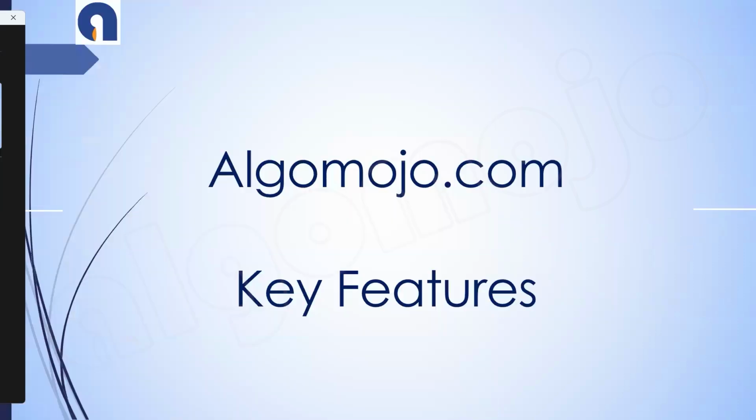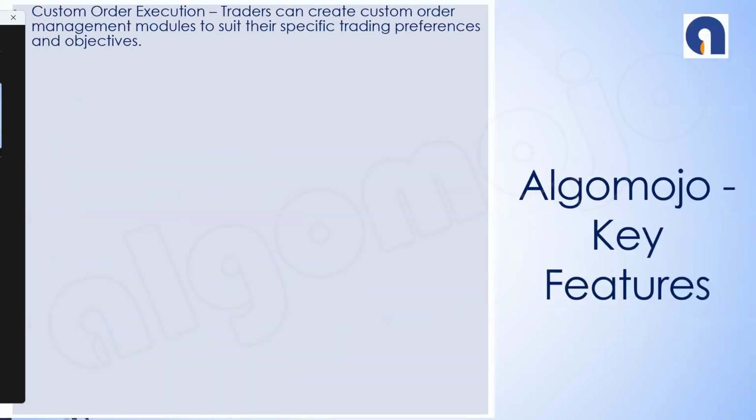Some of the key features would include: as a trader, you can customize what you want to trade, whether equities, futures, or options, whether a single strike for a particular day, or you want to choose ATM, ITM, OTM kind of strikes. It is possible to do that in our platform.